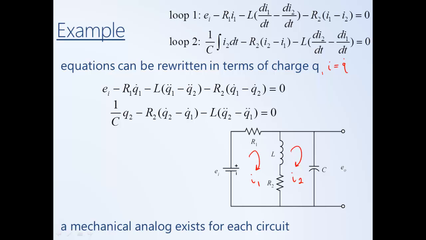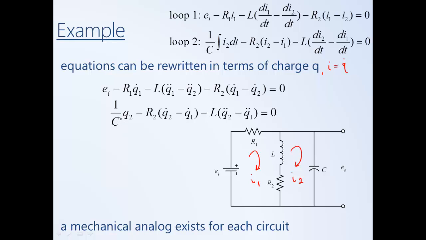In general, a mechanical analog exists for each electrical circuit, and so this can be something, if you're a mechanical engineer, to maybe help you better understand electrical circuits. So for example, resistors dissipate energy like a damper, so resistance is equivalent to a damping coefficient, B. Inductors behave like inertias, so inductance is equivalent to mass, or rotational inertia.